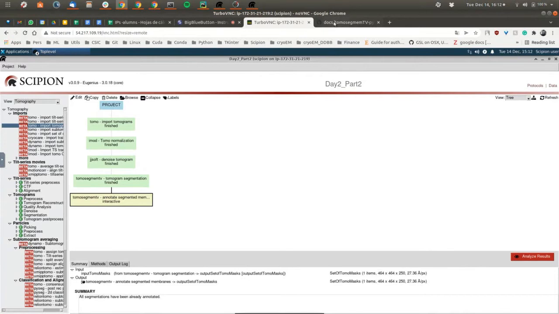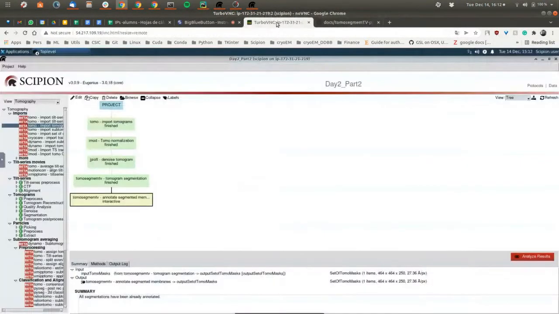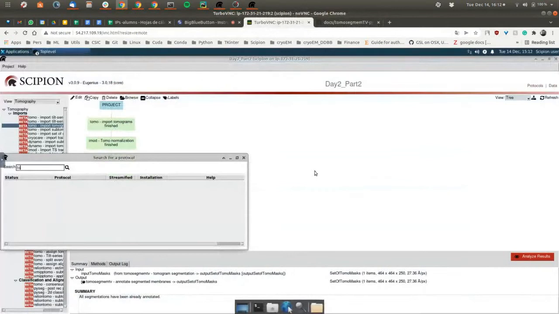For this, we are going to look for a protocol called, let's go for tomo segment TV, a protocol called Resize segmented or annotated vesicles. This is very easy to fill.